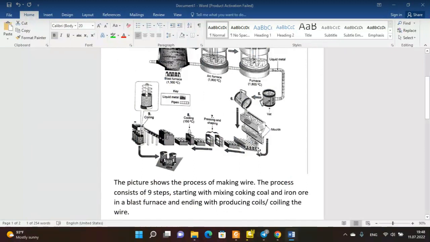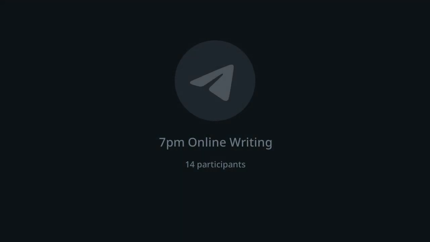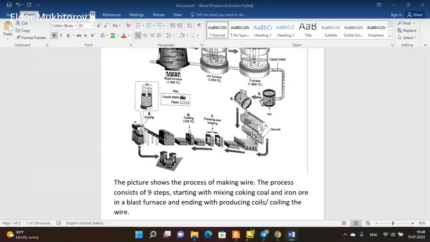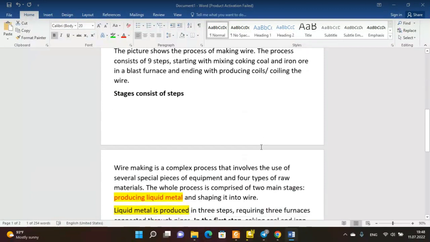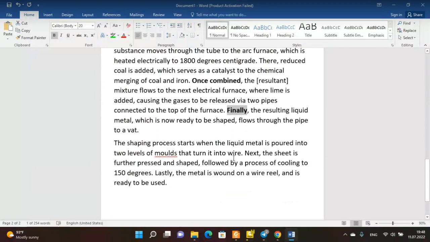I think the reason for 2 molds is that they cannot immediately make it really thin, so first they turn it into a thicker wire, and then they thin it out in the next mold. But I didn't mention that. I could have, but I didn't because I was hurrying to finish. Pour it into 2 levels of molds that turn it into wire.